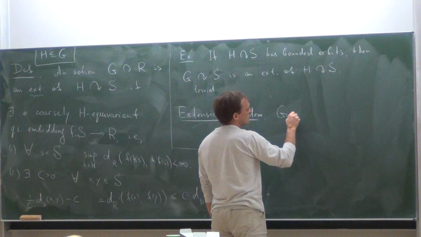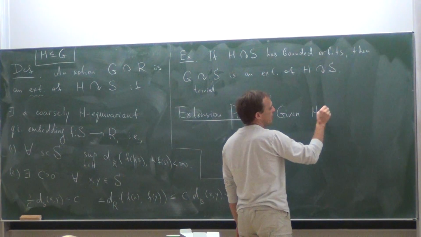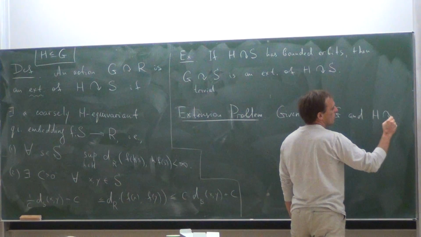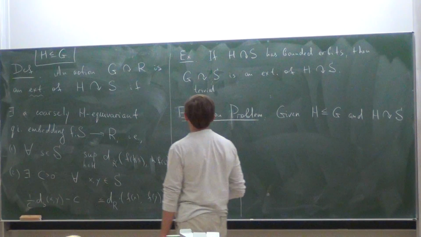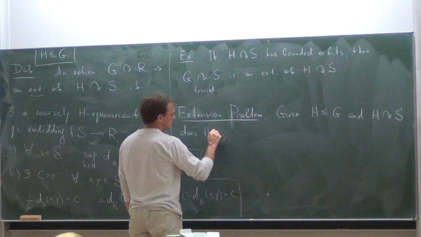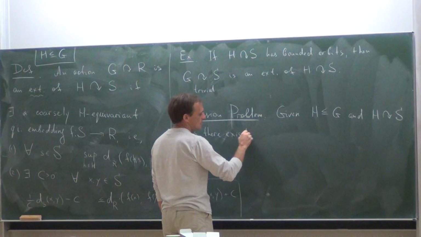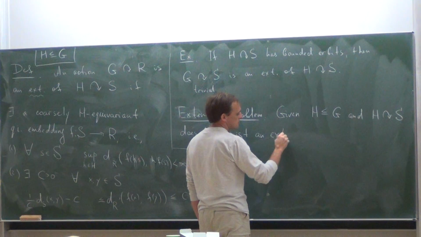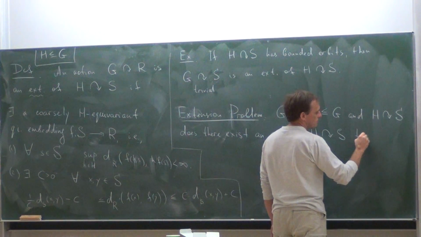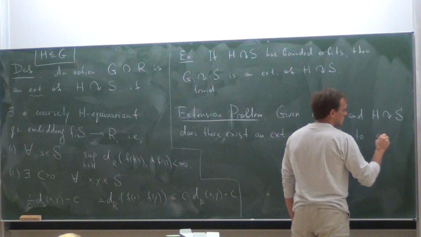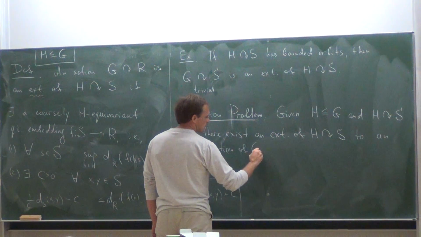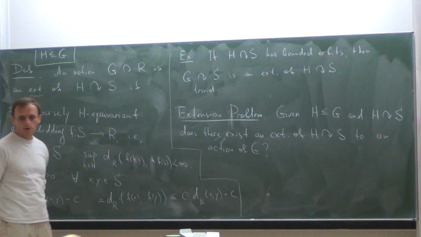Given a subgroup H of the group G and an action of H on a metric space S, does there exist an extension of this action to an action of G in the sense described above?